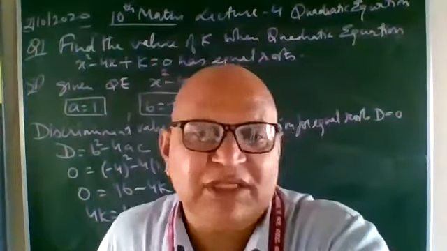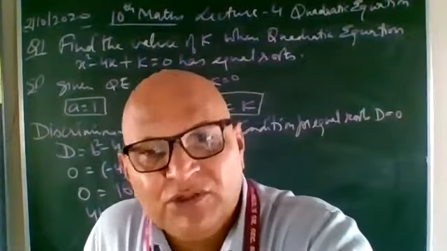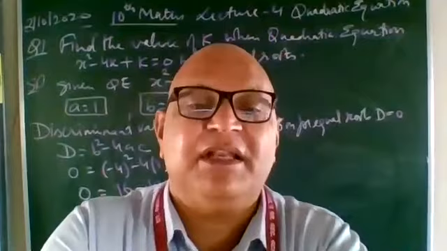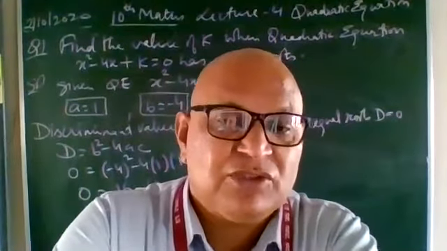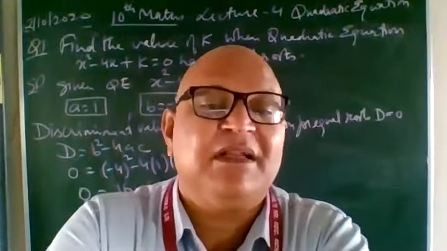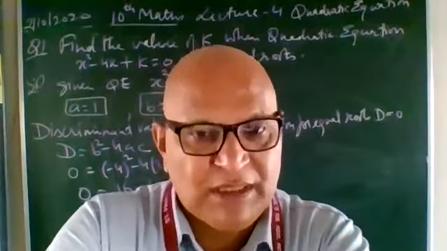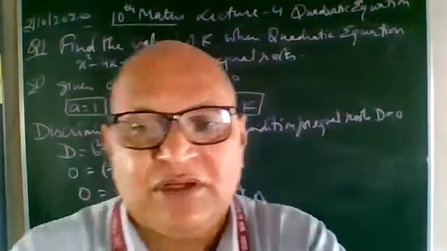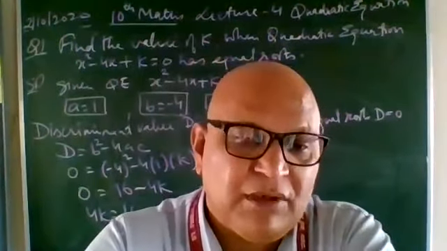The quadratic equation can be solved by three methods, but one method is deleted from your syllabus this year. So first is the factorization method, second is the quadratic formula. So this is the introduction of this chapter. Okay, now thank you.